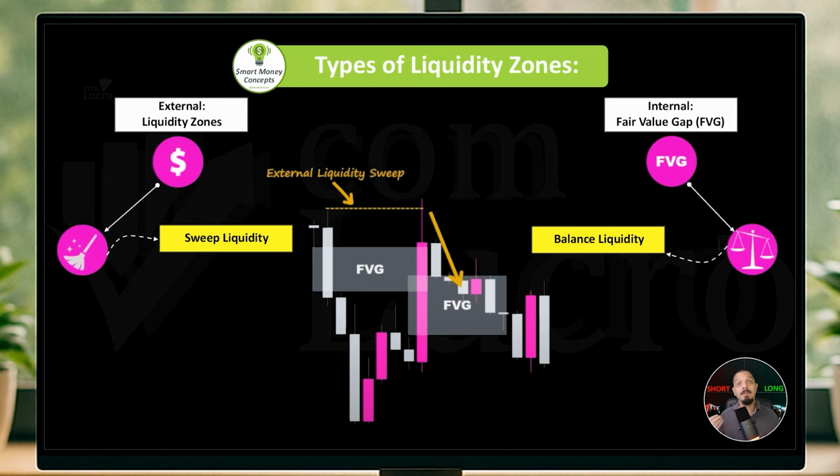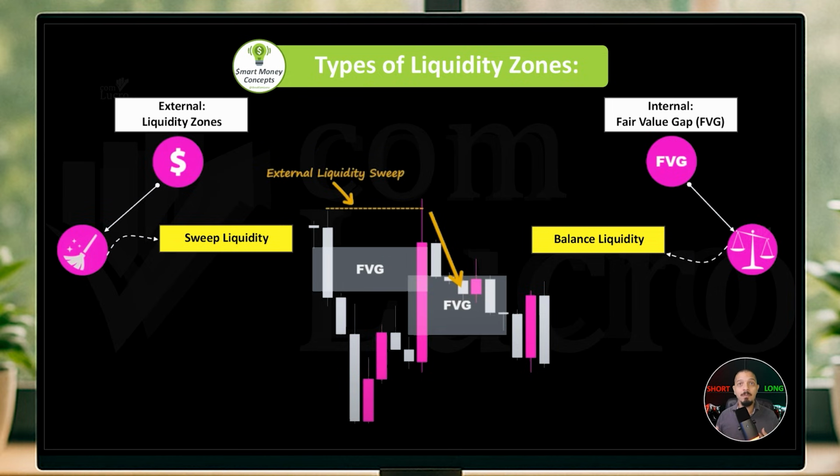to fair value. External liquidity refers to zones outside the current price structure, usually found at previous swing highs and lows. These are the areas where many retail traders place their stop-loss orders. For instance, at a swing high, stop losses often sit just above the level, creating a pool of liquidity that large market participants may target before reversing price direction.